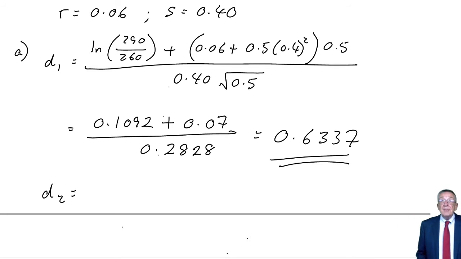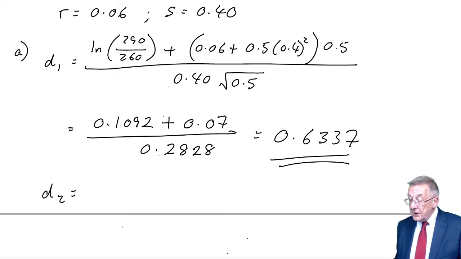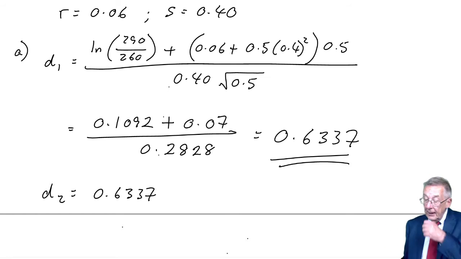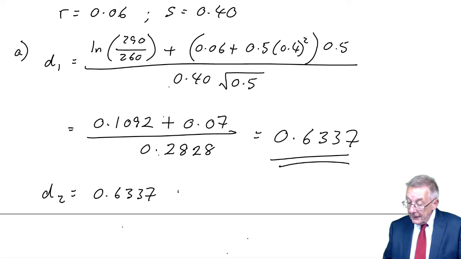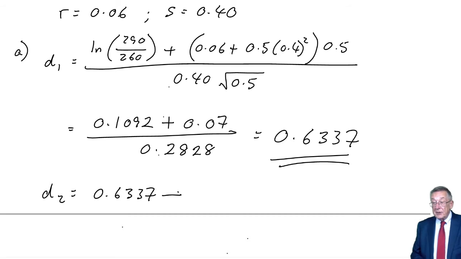Anyway, that's D1. For that first formula, I also need D2. And D2, again, it's on the formula sheet, it's equal to D1 minus S root T. Well, we've got D1, 0.6337, minus S root T. Well, I already worked it out, in fact, but let me double check.